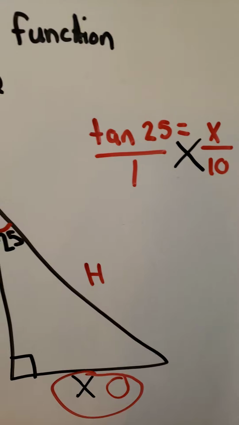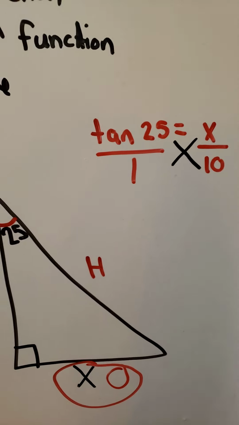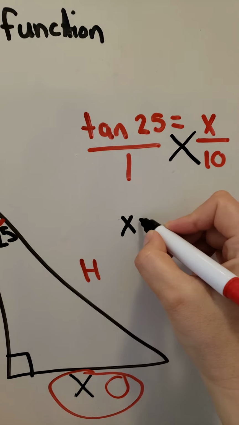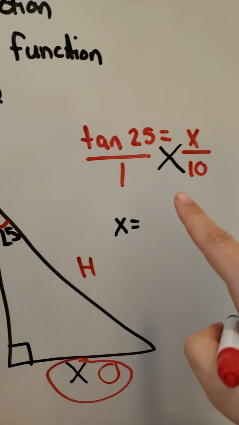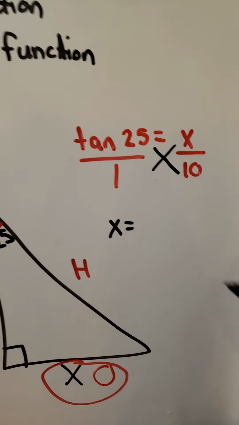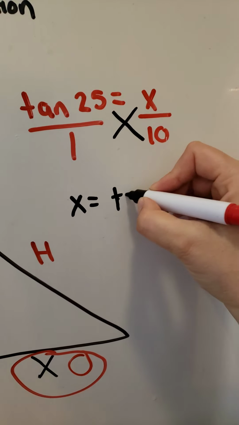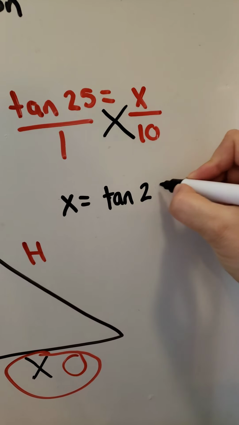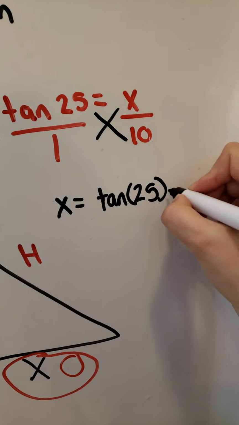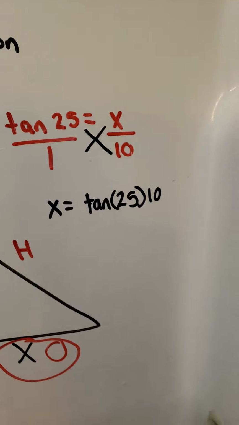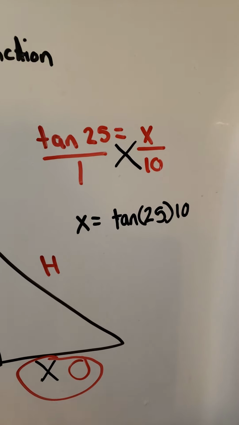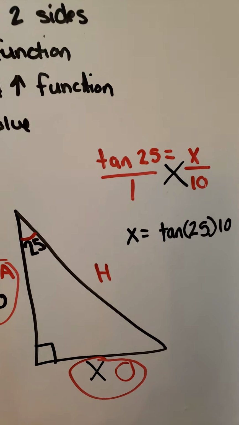And we're just going to cross multiply. What is x times 1? It's x. Set that equal to the tangent of 25 times 10.